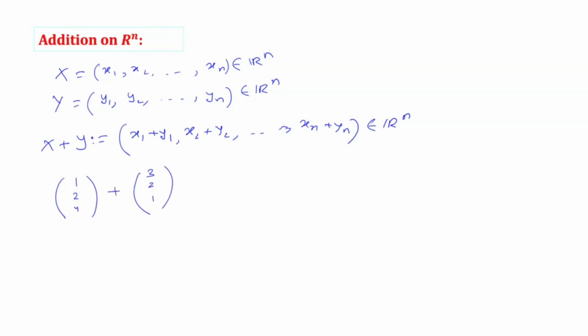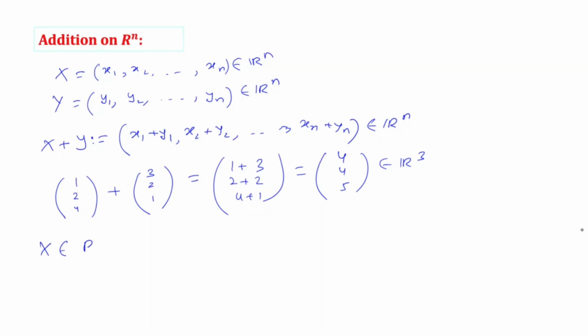For example, let's take (1, 2, 4) plus (3, 2, 1), which are members of R3. If you add them, it will be 1 plus 3, 2 plus 2, and 4 plus 1, which is (4, 4, 5), and it is also a member of R3.